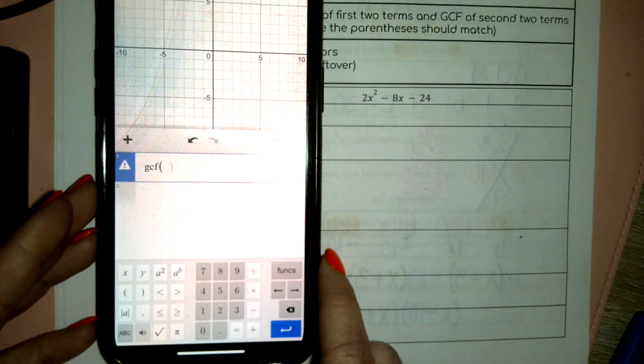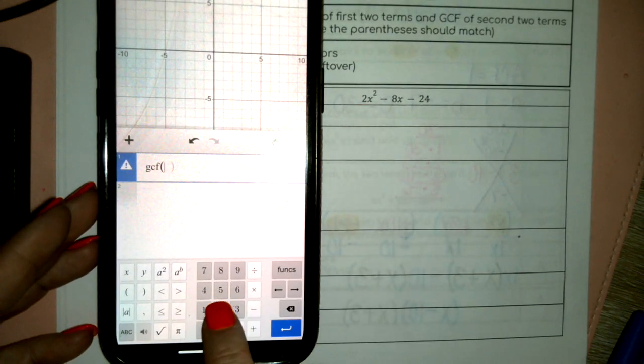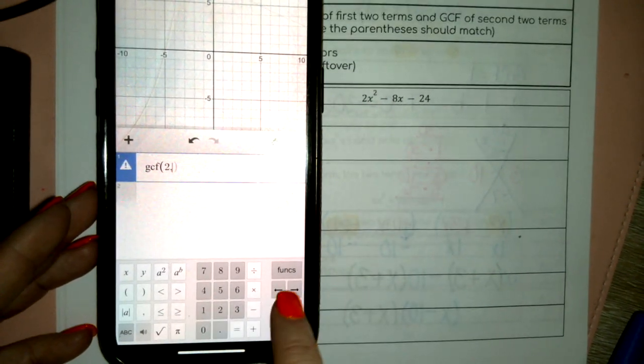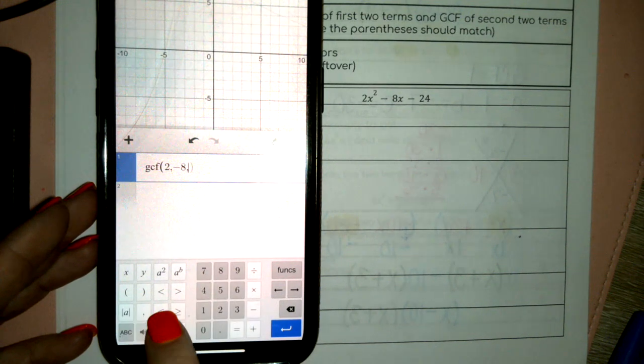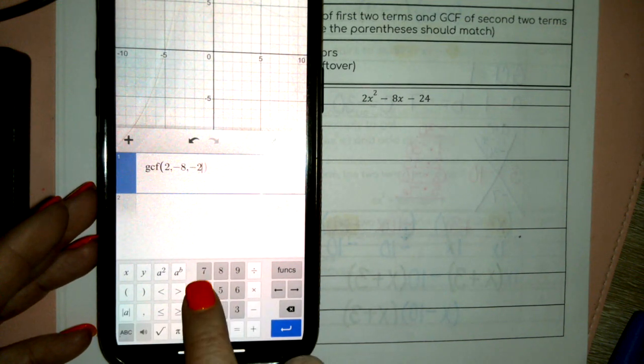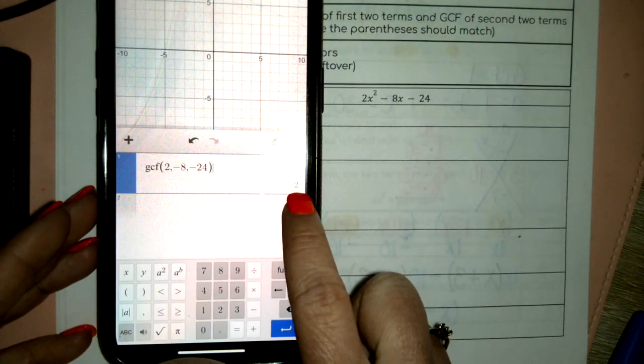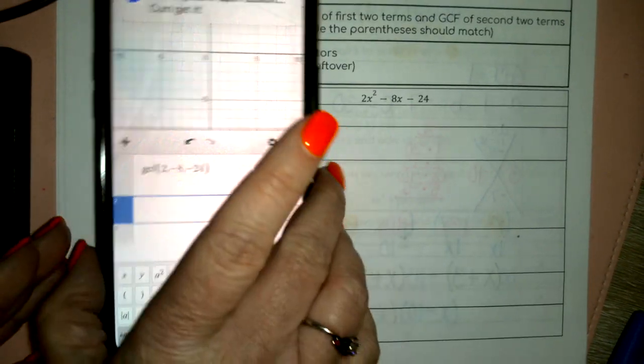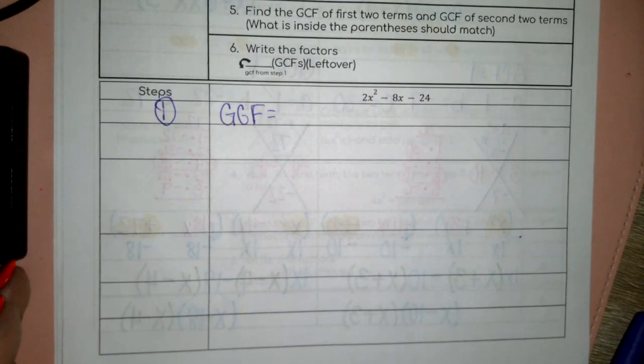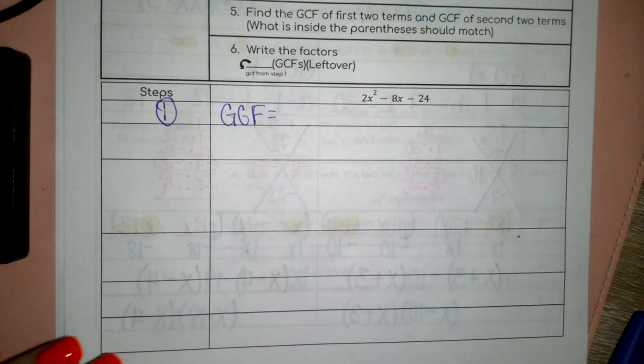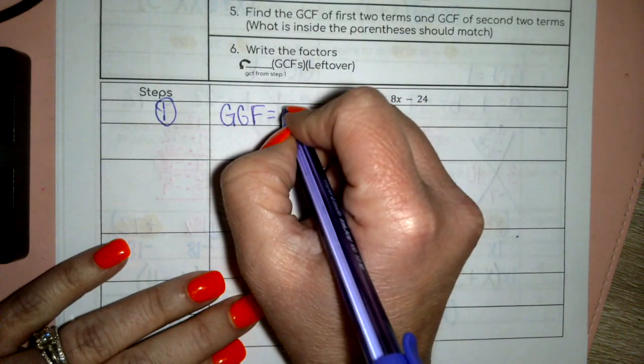So it's GCF 2, comma, -8, comma, -24, and it tells us that our GCF is 2. So that's what we're going to pull out, the GCF of 2.